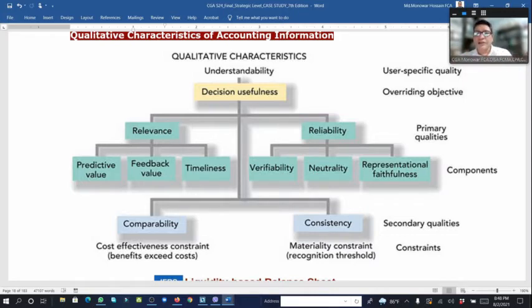Comparability and consistency are the secondary qualities. And also cost effectiveness, materiality, and the constraints: all these components and characteristics must be within the financial data.